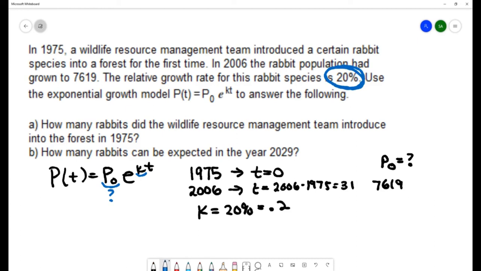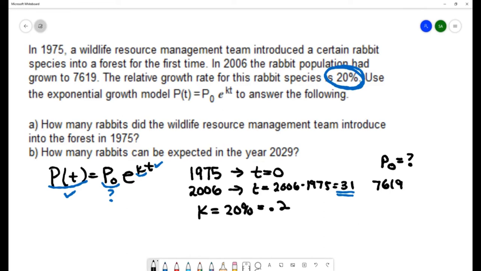The time has been given to us, 31 years later. And we also know that the population has grown to 7,619. So I know all the variables in this equation except for the one that I'm looking for.